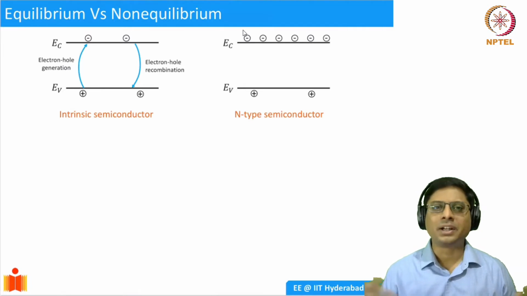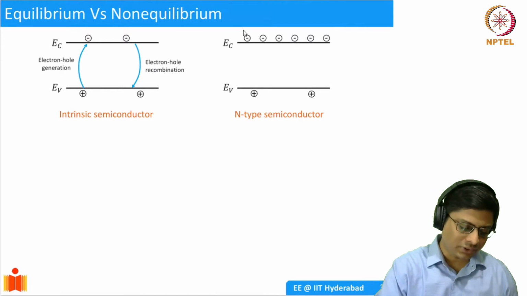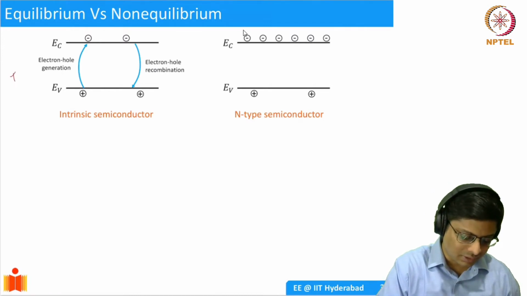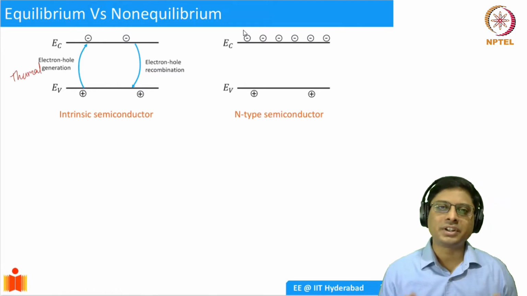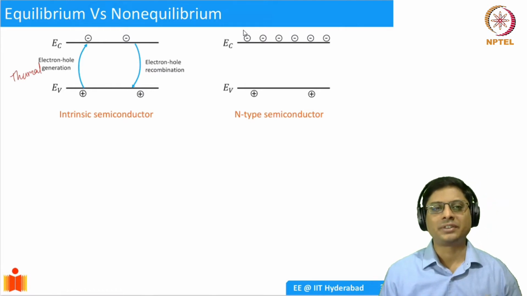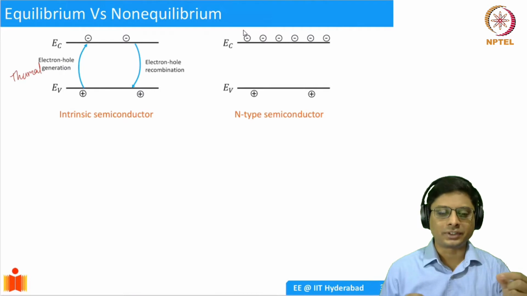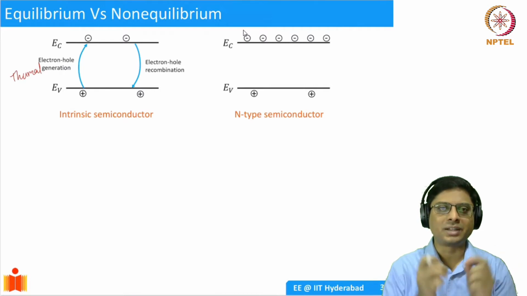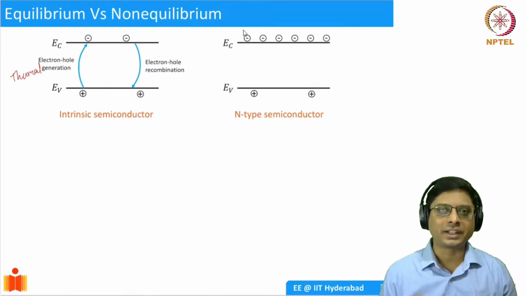So if you have an intrinsic semiconductor, there is an electron hole pair generation process that happens because of thermal energy, and you have the recombination process that happens because when you have electron hole pairs, electrons in the conduction band and the holes in the valence band, it is possible that at some points you have electrons and holes at the same location physically, and then they can recombine. Essentially, the electron gets absorbed into the bond. Okay, so the electron hole pair is annihilated, and because of that, we have the intrinsic carrier density.